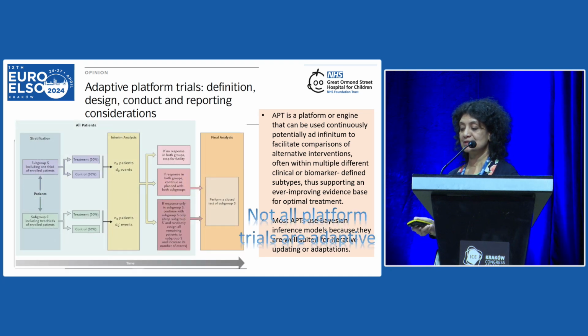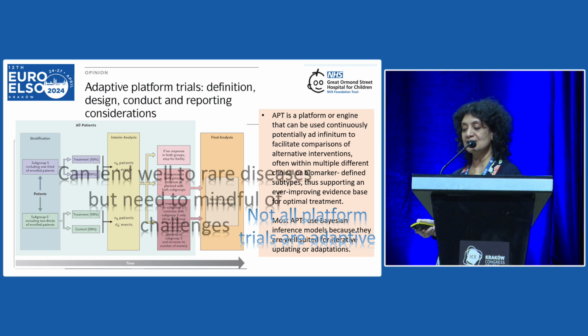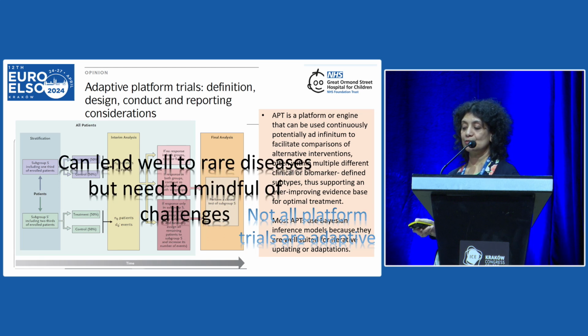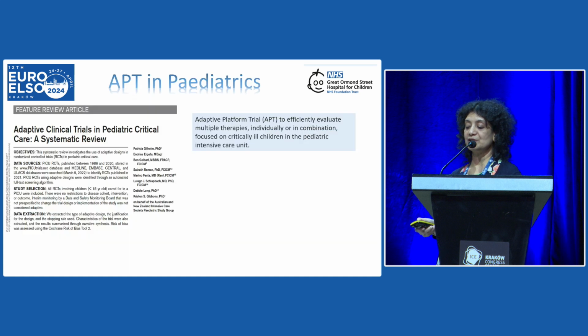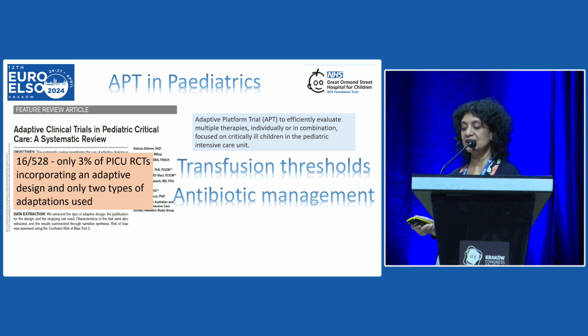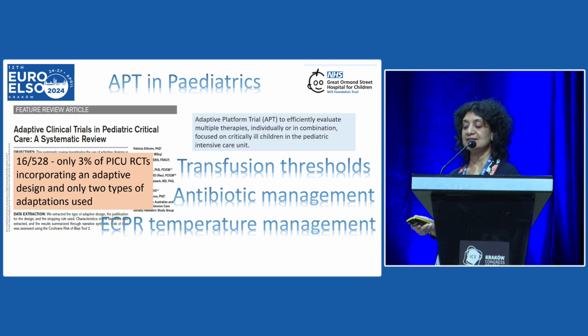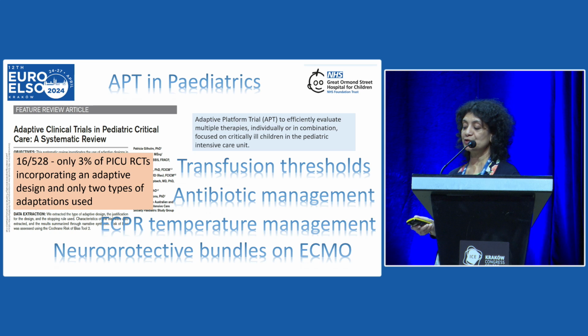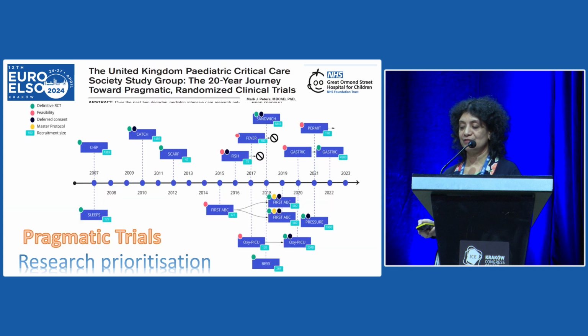Not all platform trials are adaptive, and they can lend well to rare diseases, but we need to be mindful of challenges. In pediatrics, very few RCTs use adaptive methodology, but you can see it being applied for transfusions, antibiotics, ECPR temperature, and for neuroprotective bundles on ECMO in the future.